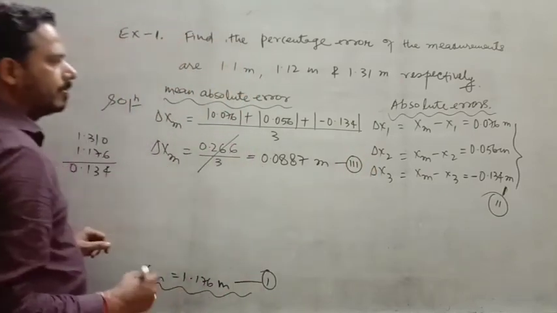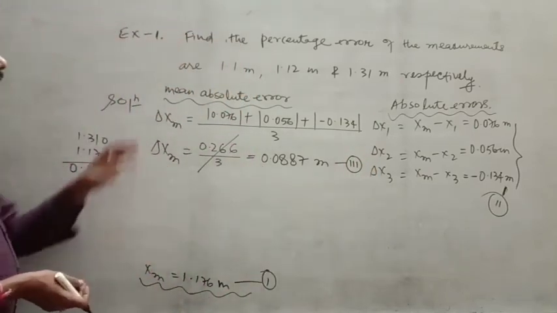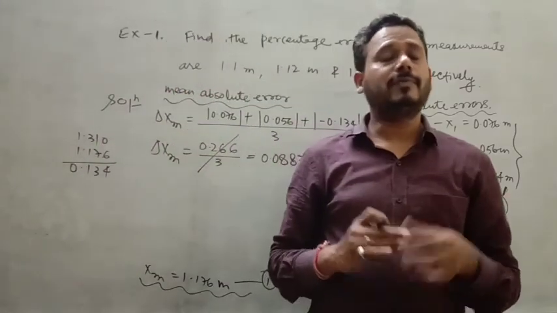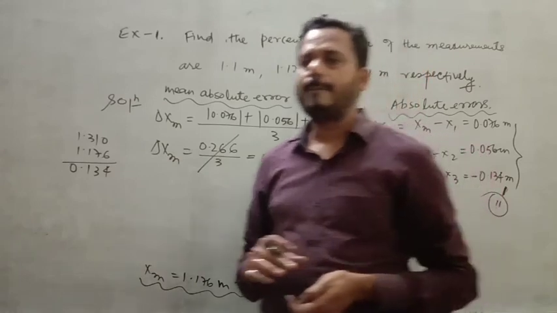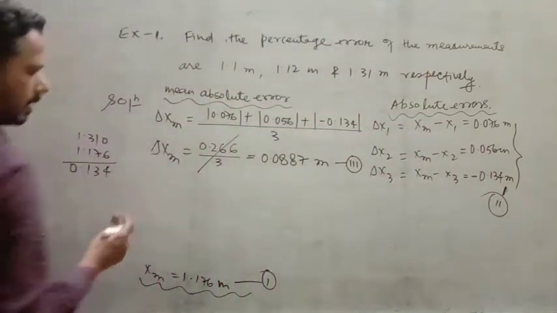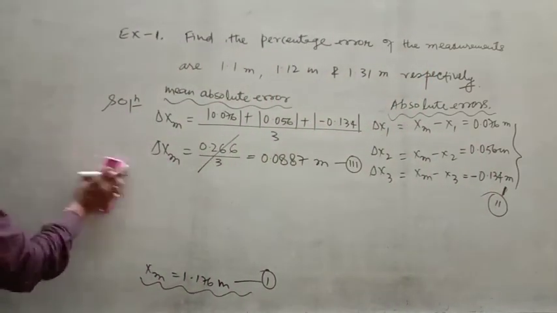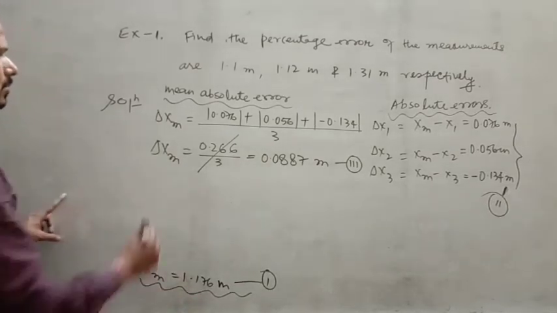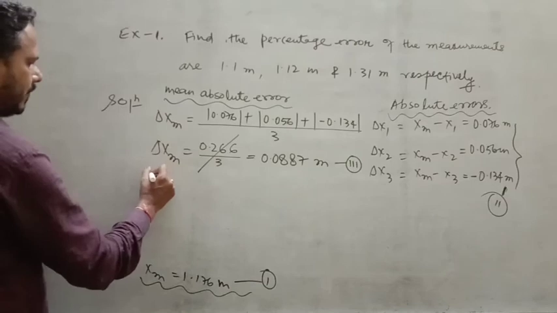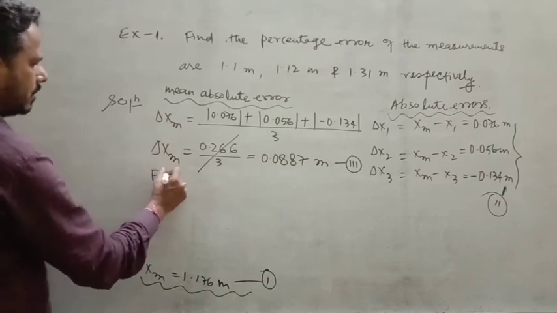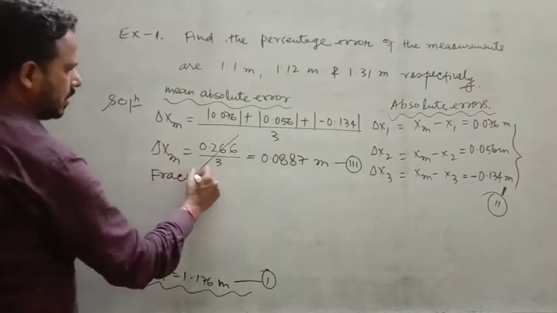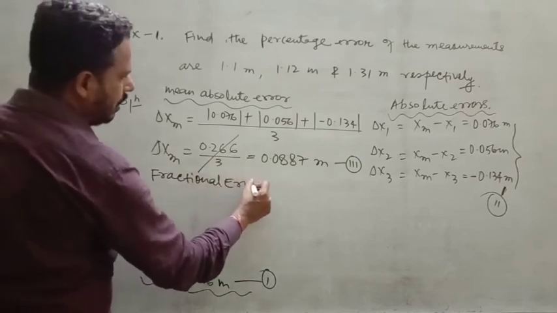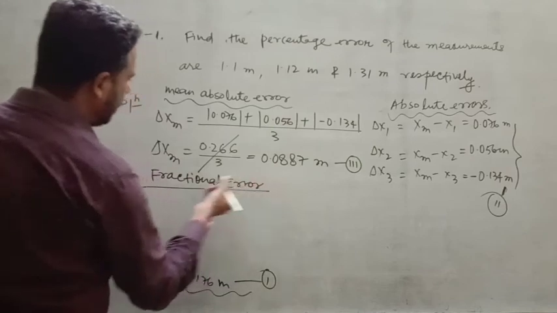You have got your mean absolute error, then you need to find the fractional error. Just find the fractional error and remove this one. For the fractional error we use equation 1. This is very simple; we have studied it right now.